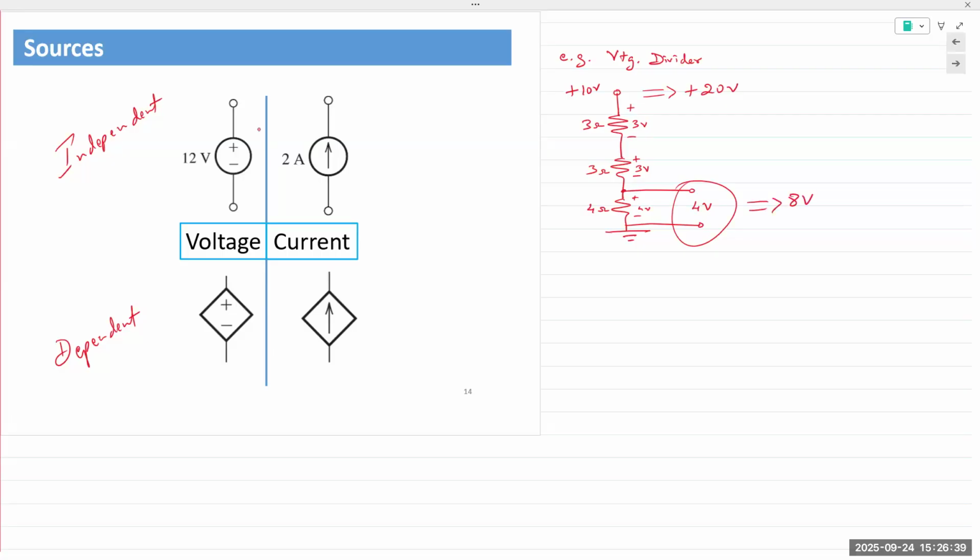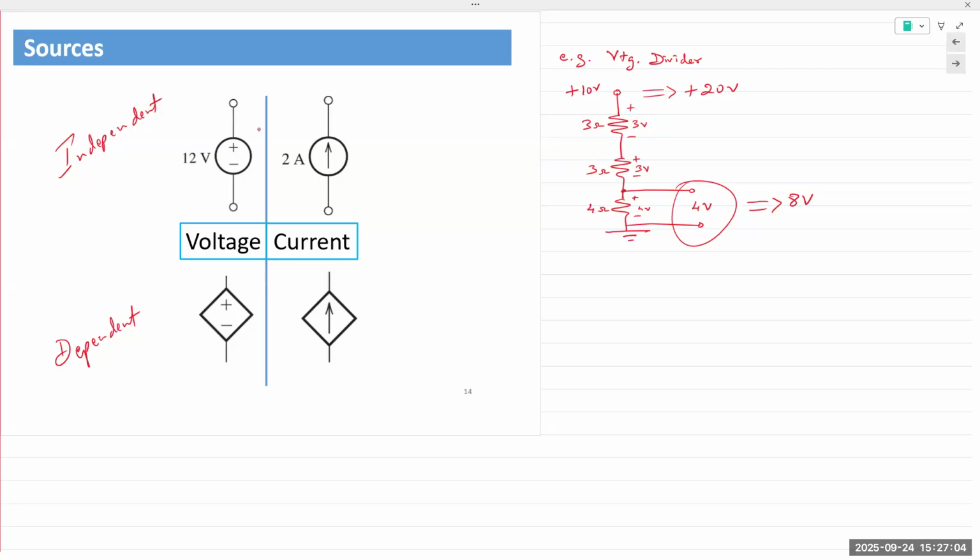So that voltage across that 4 ohm resistor is being supplied to some other part of the circuit. It is supplying a voltage, so it's a source technically, but it depends on the voltage that is applied in a different part of the circuit. If that voltage changes from 10 to 20, the output voltage changes from 4 to 8.